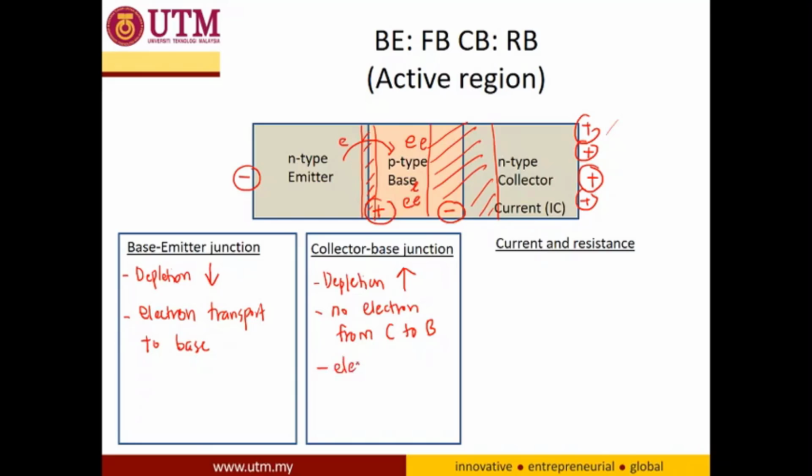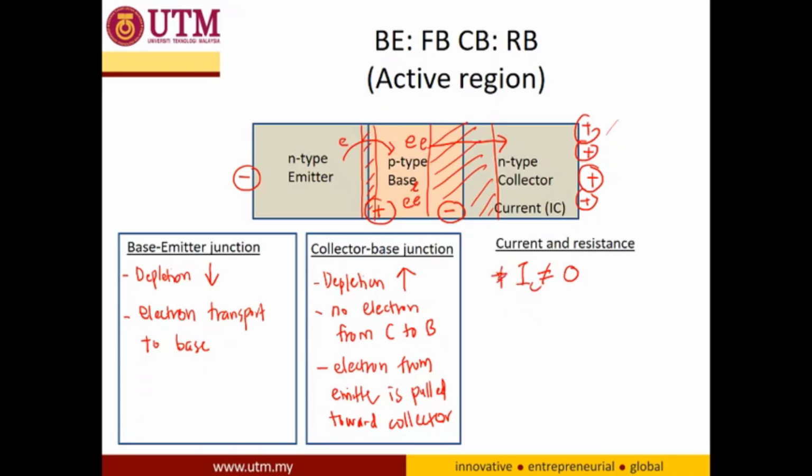So electrons from the emitter are pulled towards the collector. Although electrons cannot move from right to left, electrons can move from left to right due to the applied positive voltage. So the current is not zero; the collector current is not zero. There will be a certain amount of current.